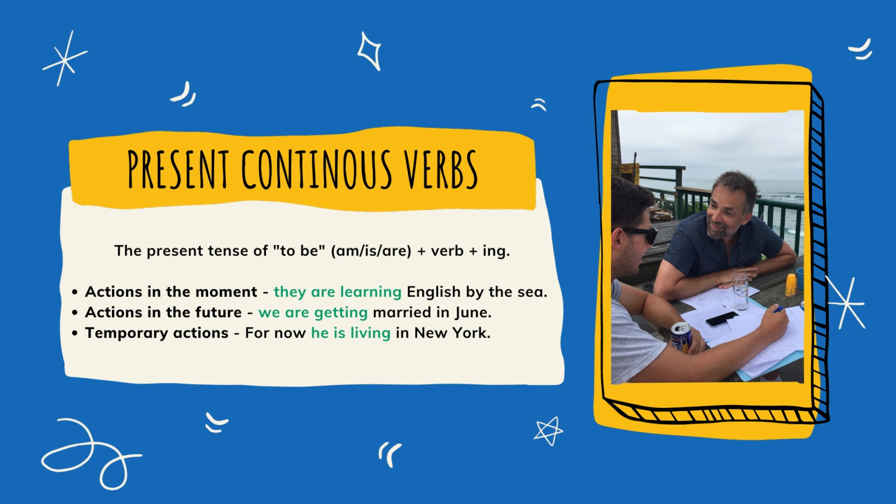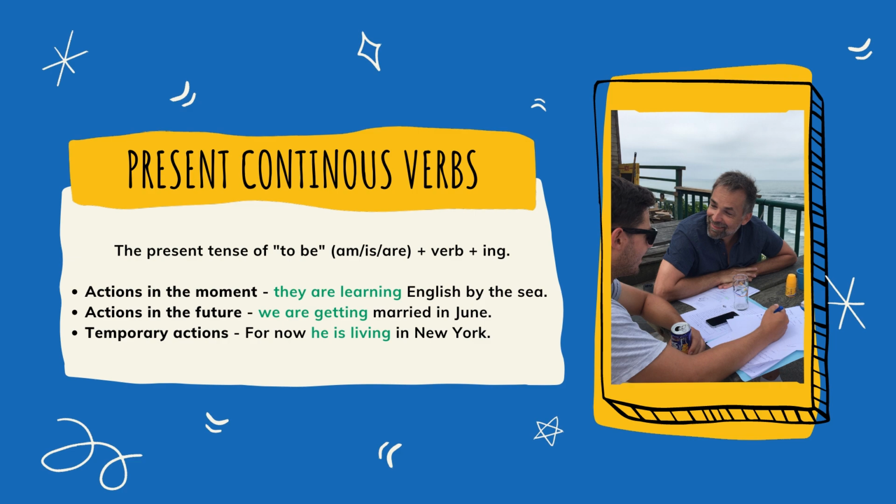So let's look at the present continuous form of the verb. This is a little bit more complicated than the simple one. For present continuous, we use the present tense of the verb to be, which is I am, you are, she is, plus the verb and ing.